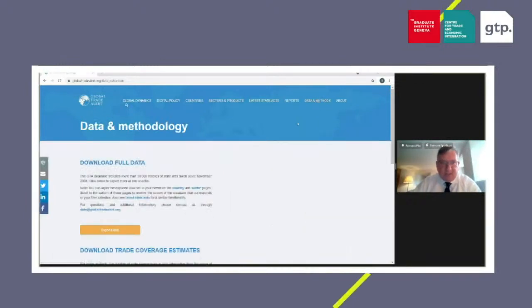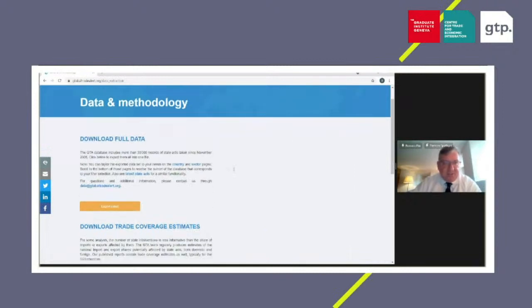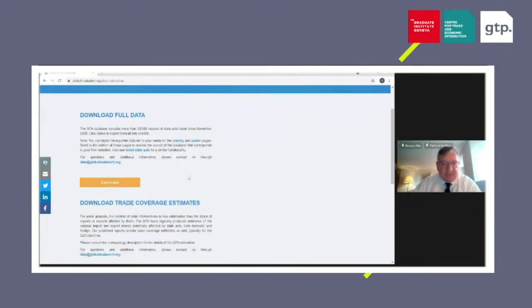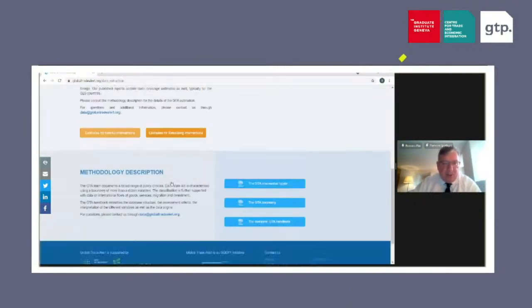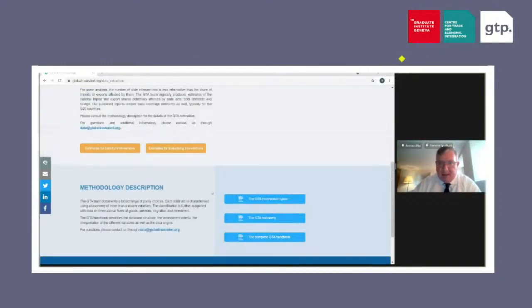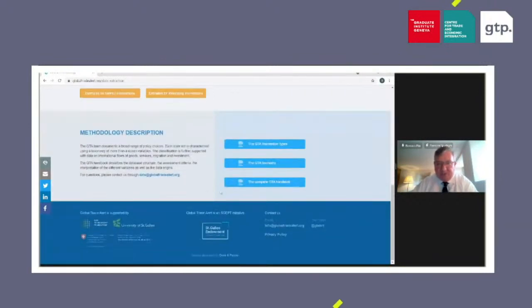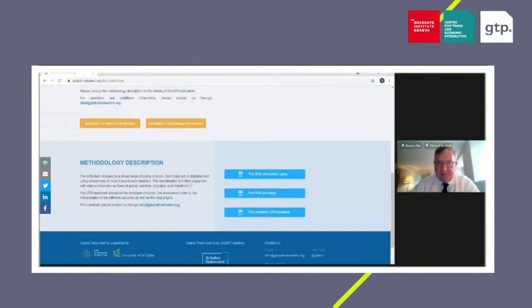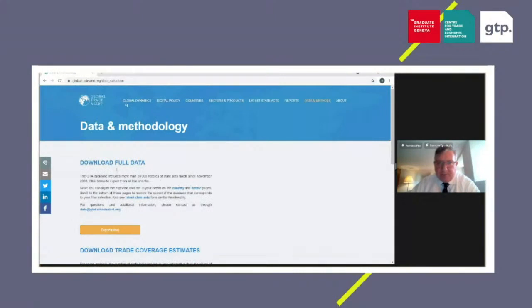I'll just quickly click on the data methodology page. You can see here you can download the full data set in an Excel file. You can also download our methodology as well. And the complete GTA handbook describes everything, all the steps that we take and how we process information. This is the Bible for the GTA team, and it's the standard point of reference for us.